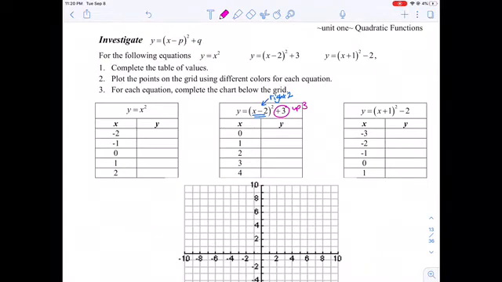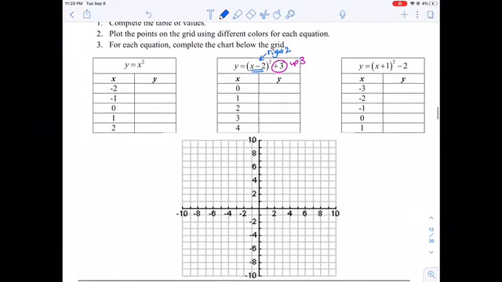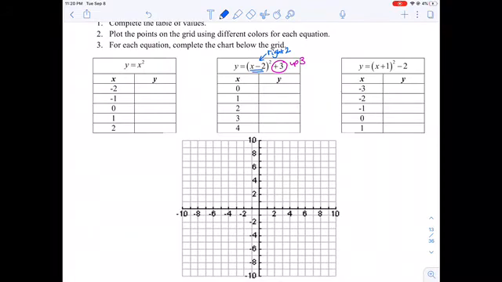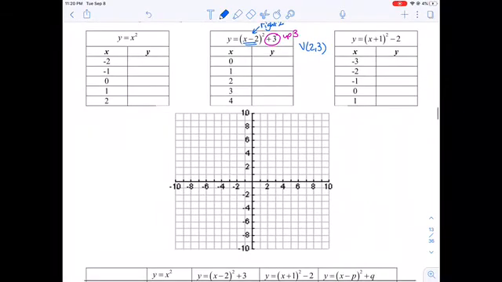So if I'm looking at this first graph, when my vertex is normally 0, 0, my new vertex is going to be 2, 3, moving from 0, 0 to 2, 3. So where's that new vertex? 2, 3 is right here. Okay, and now I know how to draw this thing.